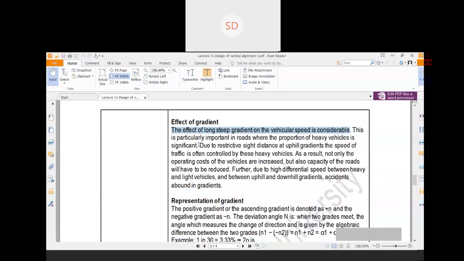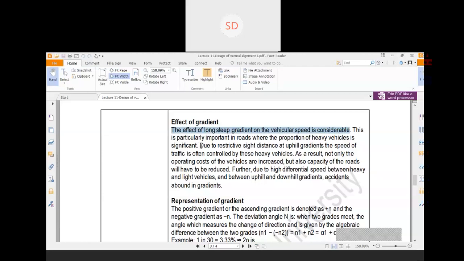If heavy vehicles are moving there, it affects them very much, and due to excessive load and excessive gradient, sometimes the vehicle axle may break down. Also, due to restricted sight distance on uphill gradients, the speed of traffic is often controlled by these heavy vehicles.